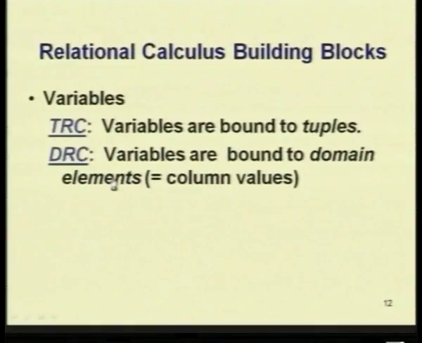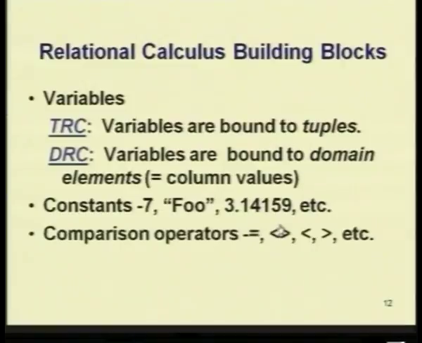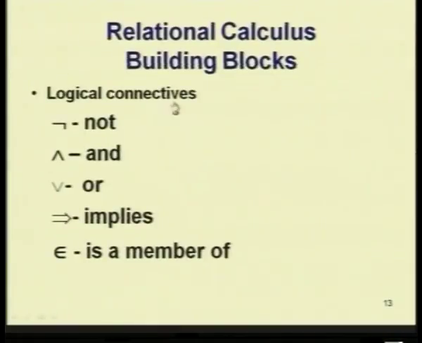And you can have constants like 7, foo, whatever, and then comparison operators like equal to, not equal to, less than, greater than, etc. And then you also have logical connectors. Remember, this is a predicate logic expression. You have not, and, or, implies, and is a member of. These are the logical connectives used in predicate formation.